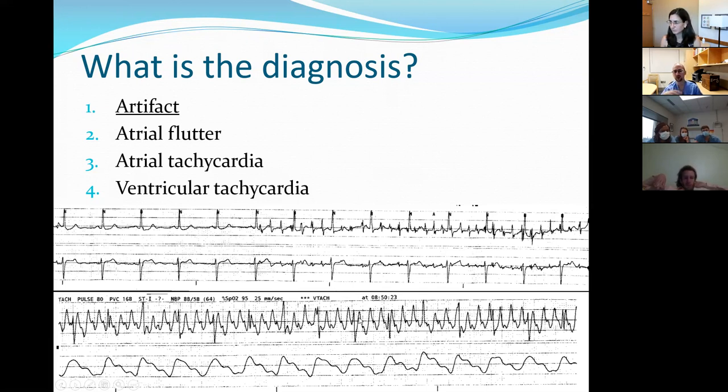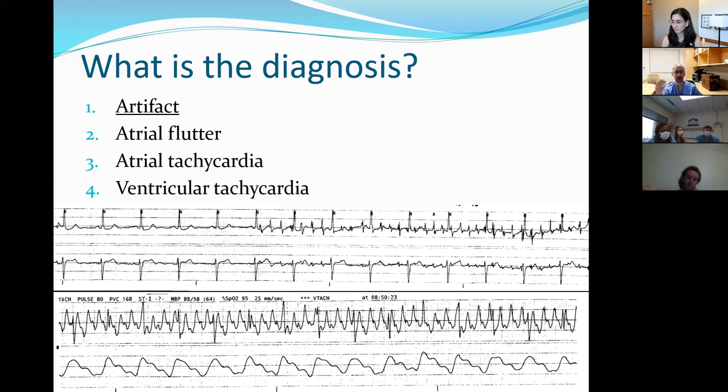So this is someone who's brushing their teeth, who has a tremor, who's doing whatever it is, and there is a QRS complex marching through with your calipers that you can see. But also it's a discordance between the pulse ox and the EKG, and so you have to try and reconcile that in some way. And the way that you reconcile that is the fact that you have artifact.